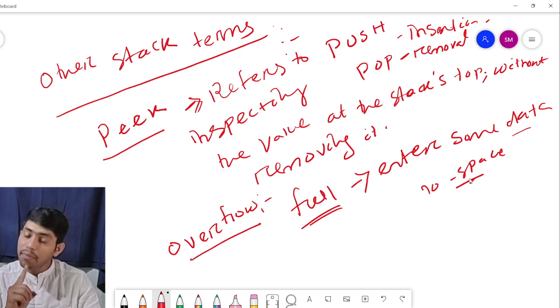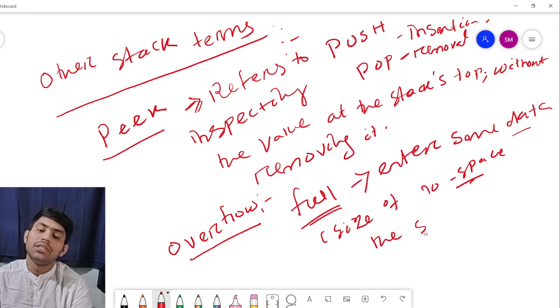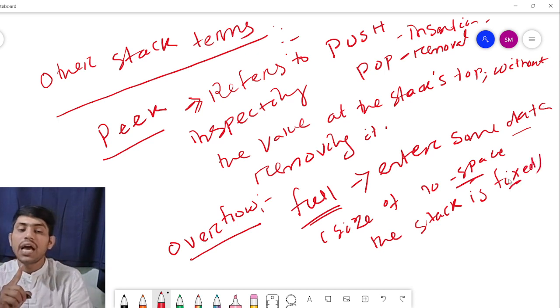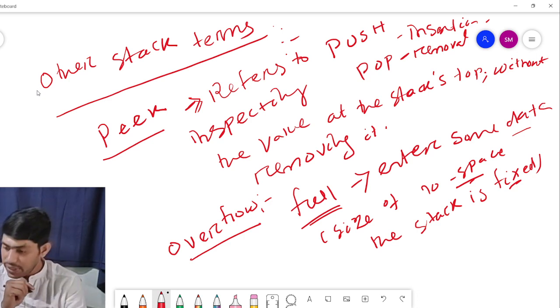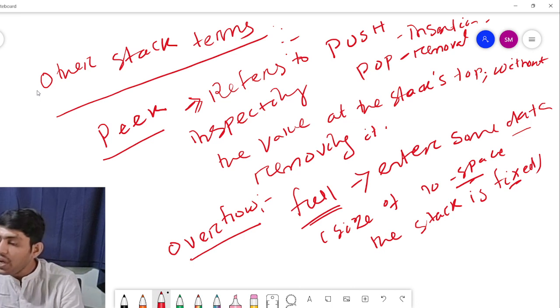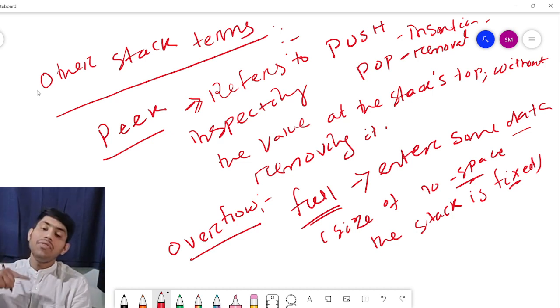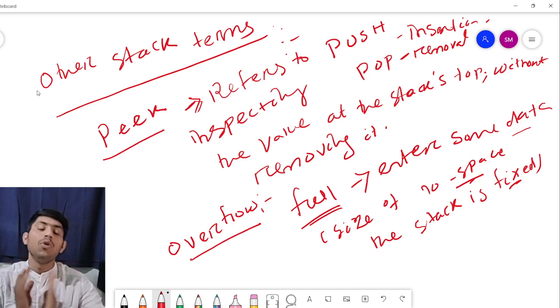In a dynamic stack this case will not happen. But when we fix the stack to store 5 or 6 elements, then only that many elements can be stored, and we cannot grow it further. There is no memory left to accommodate the new item. If we enter data when the stack is already full, it is called an overflow error.